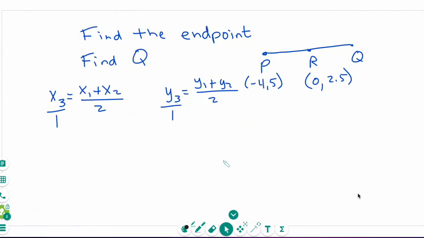Finally, we're going to use a midpoint to find the endpoint Q. So again, we're going to label. This is going to be x1, y1. R is my midpoint, so this is going to be x3, y3. And my Q is going to be x2, y2.